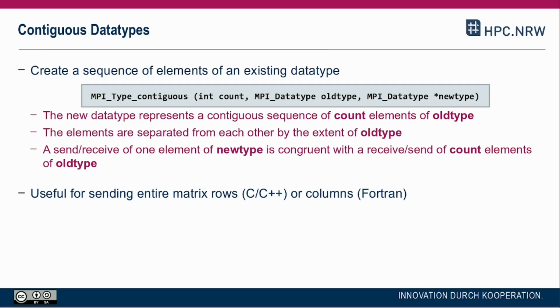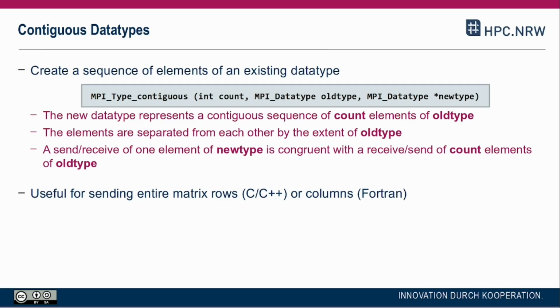Yeah, the most simple one is MPI_Type_contiguous, and it just has a count, an old type, and the new data type handle that is created from there. And as the name suggests, it says it is count elements of this type that are directly contiguous to each other. Please remember, it means that this type is contiguous here.